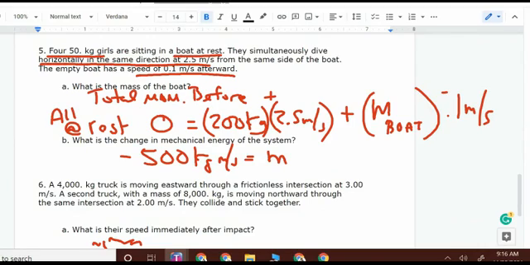If I'm going to call the girls 2.5 positive, I have to call the other negative. So, and what is it, 5,000?